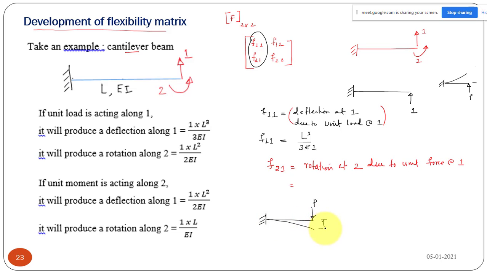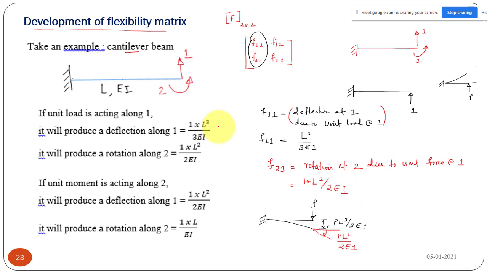We'll have a deflection of PL cube by 3EI, and the rotation at the free end will be PL square by 2EI. So now what is the value of F21? Here P is equal to 1, unit load, so 1 into L square by 2EI. That is what I have written.